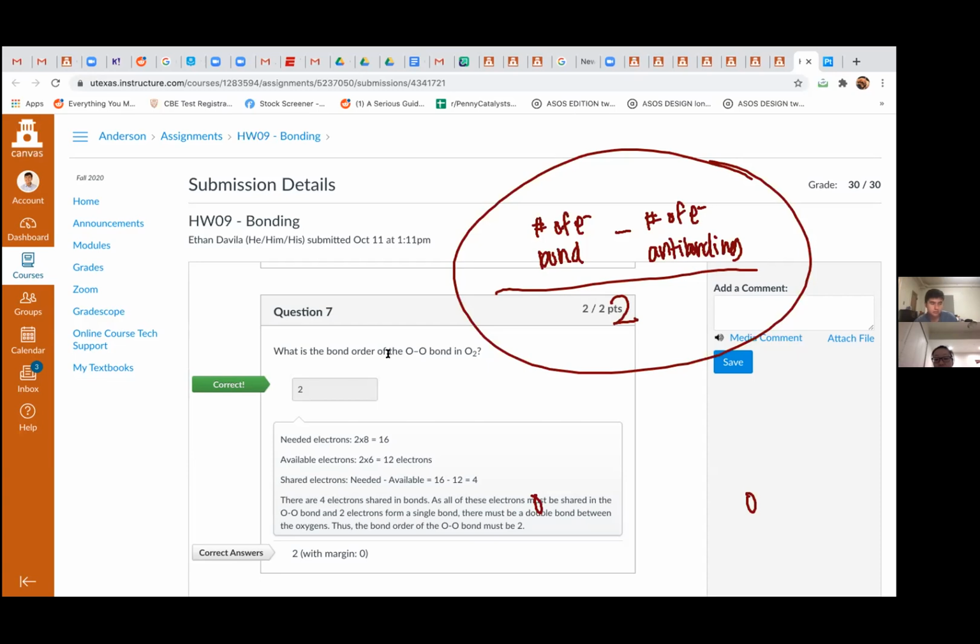So oxygen, the way we draw it, I don't think you guys have done this. Have you guys done molecular orbitals? Like, what do you mean? Like P, the F?